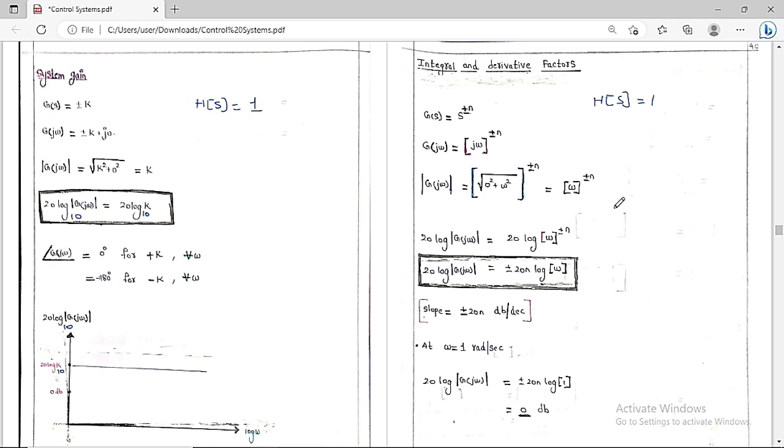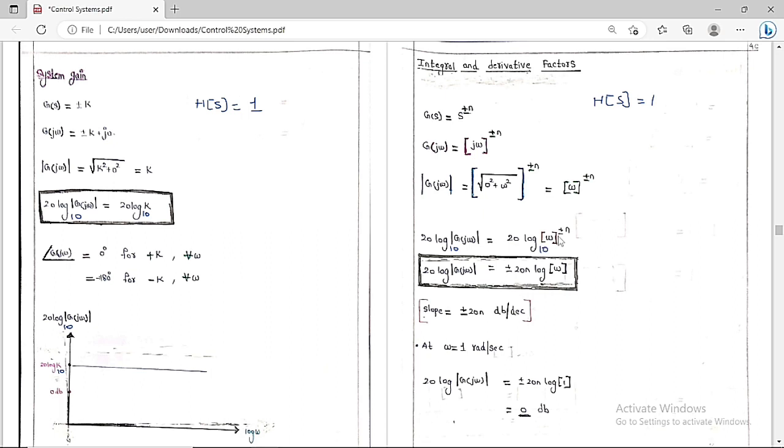Then what is 20 log of mod of G(jω)H(jω) with base 10? What is this value? We know the magnitude of G(jω)H(jω) is equal to ω to the power of plus or minus n. So I have substituted ω to the power of plus or minus n, and here the base is 10.